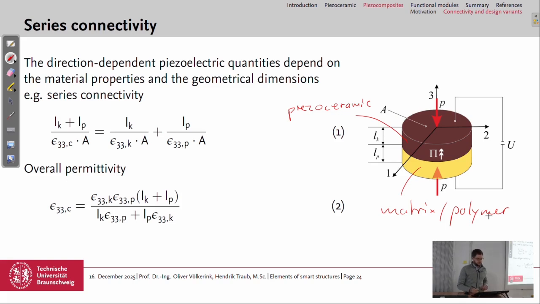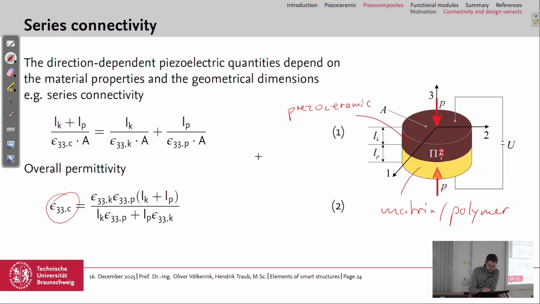And then the question is, for our small signal behavior, how is the overall permittivity of this series connectivity, because it would change with respect to if we have only piezoceramic material. And in this case, field in this direction and an applied voltage again, or an external force or pressure, we have just a series connectivity.